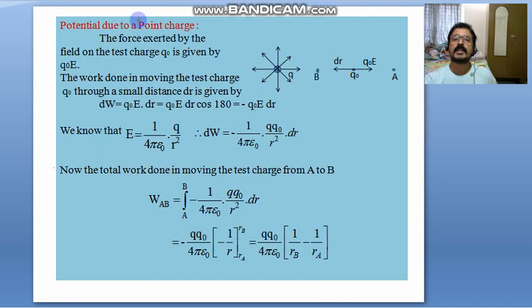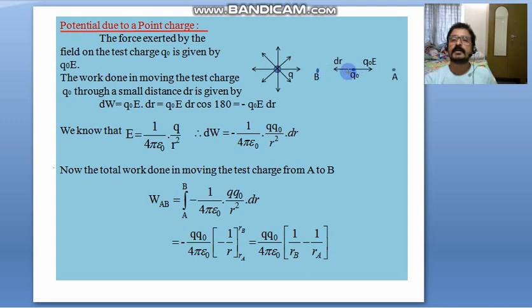Now, the potential due to a point charge. Suppose we have a positive charge here. We have a point B here and a point A here.